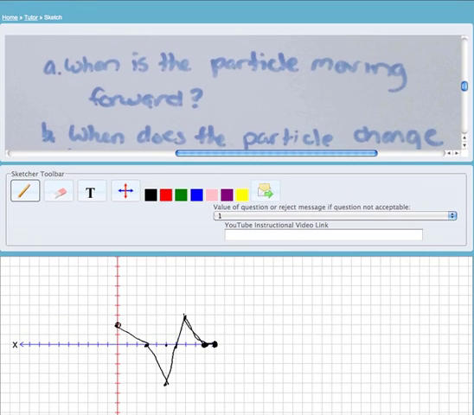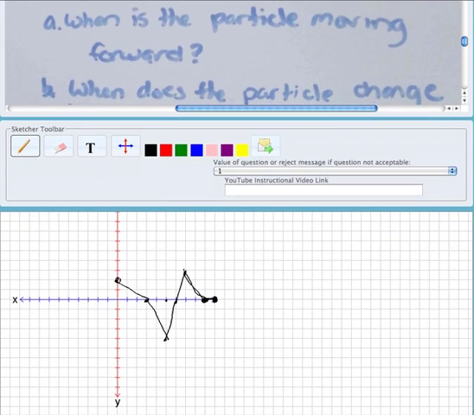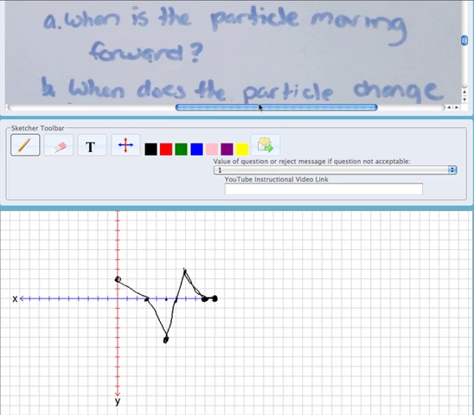So this question says, we have this graph, and I'm assuming that this is the position graph, the position of a particle. And then it asks, A, when is the particle moving forward?